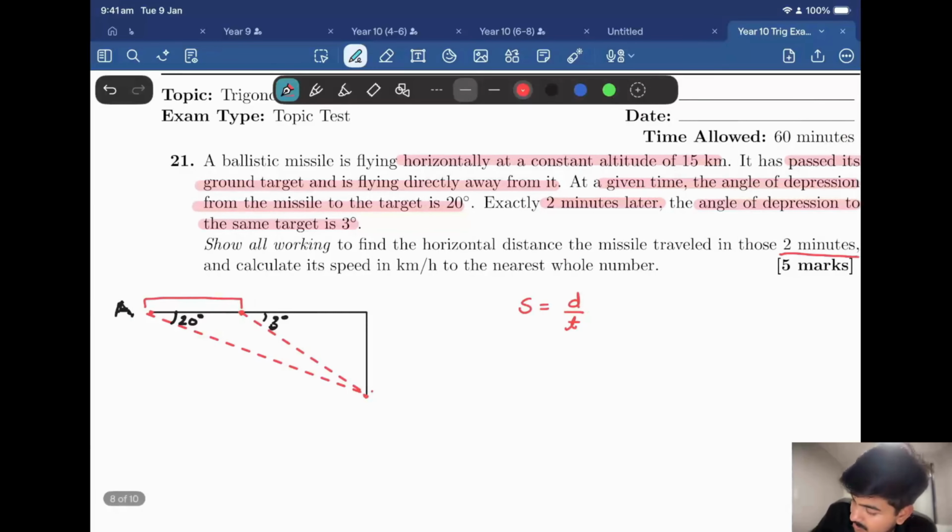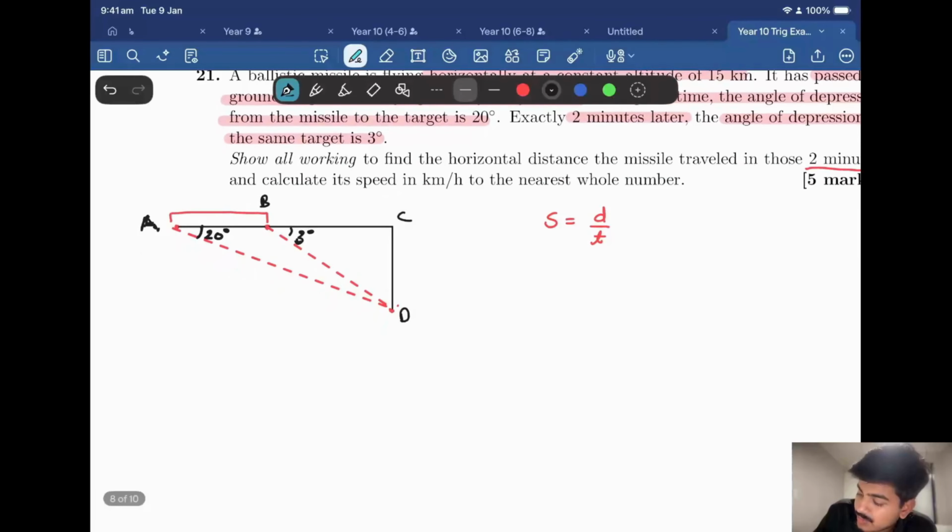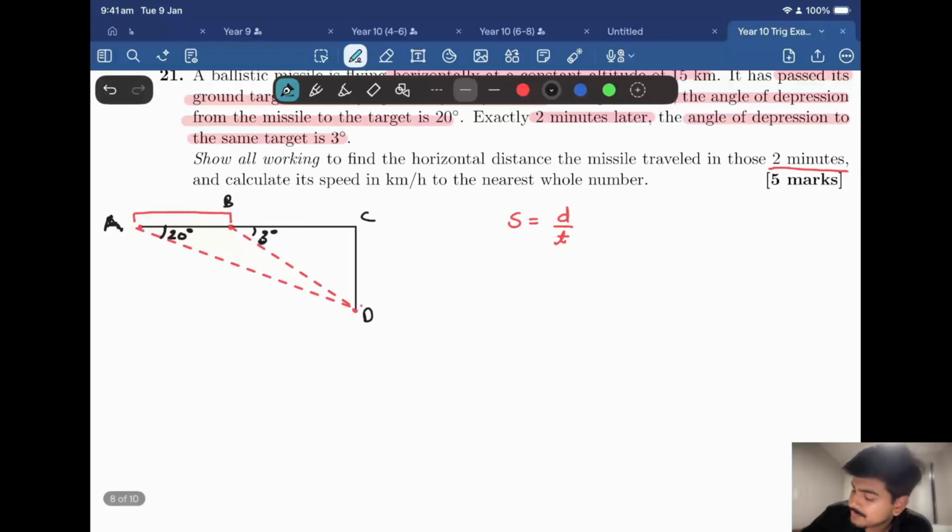Okay, so this is A, this is B, this is C, this is D, right? So can we not find AC and then BC and then subtract them to find AB, right? So let's do that.